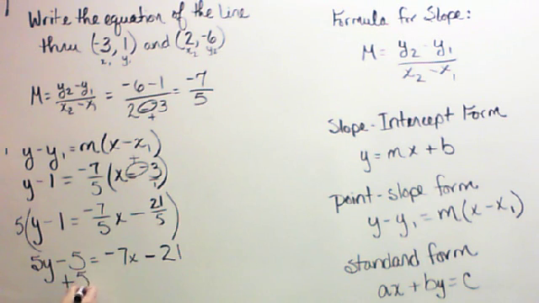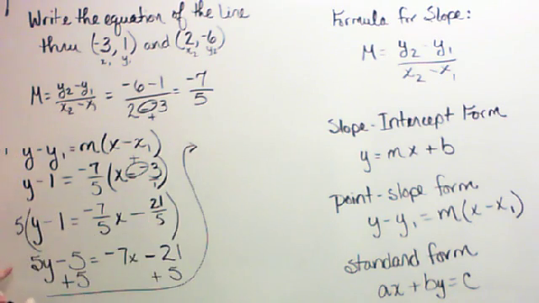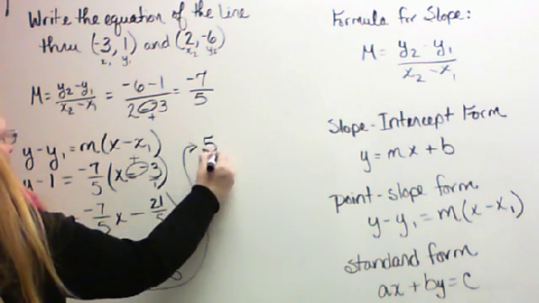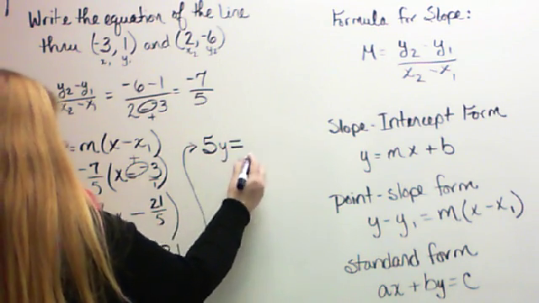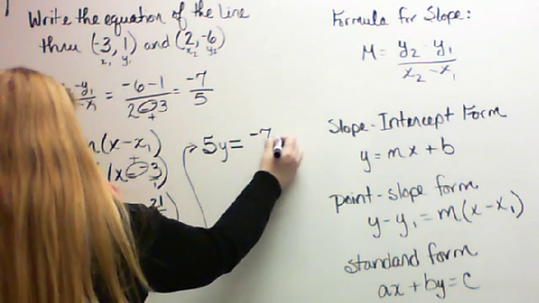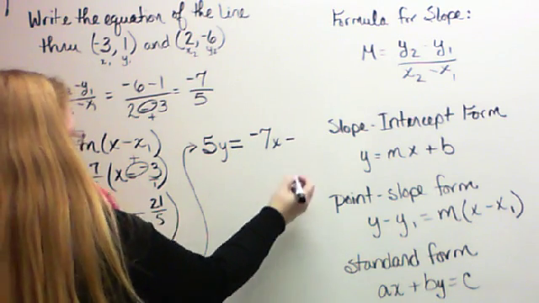So I can go ahead and move my 5 to the other side. When I do, that's going to give me 5y equals negative 7x minus 16.